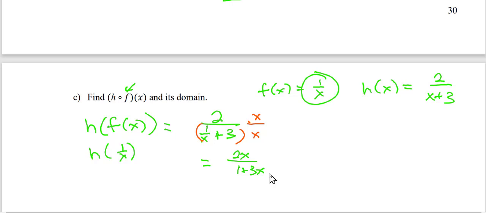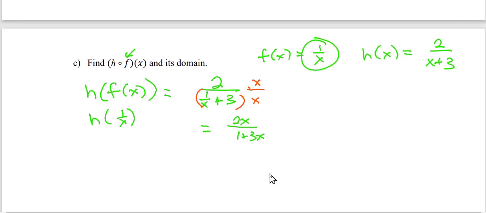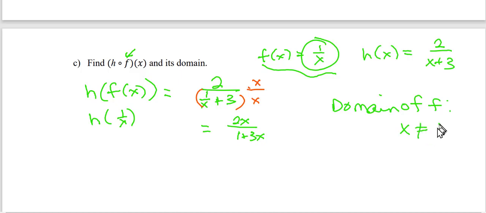Okay, well, let's think about the domain of this. The domain requires us to look at the inside function. That is this. Domain of f is that x can't be 0. No 0 in the denominator.